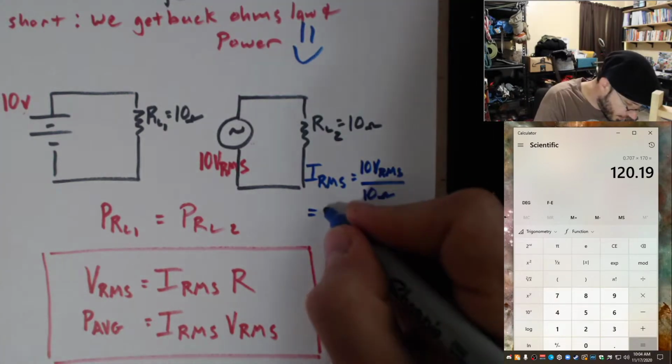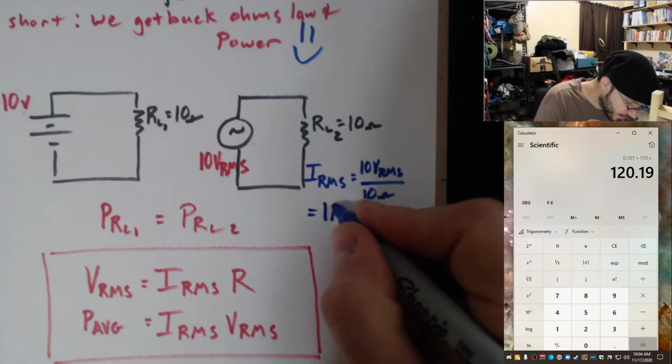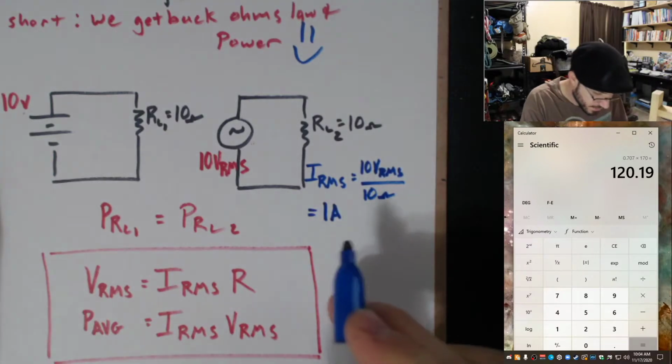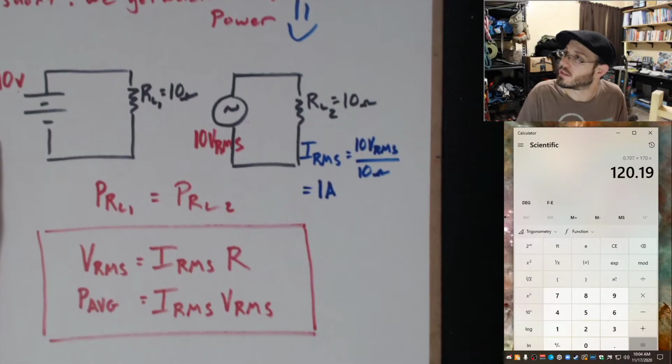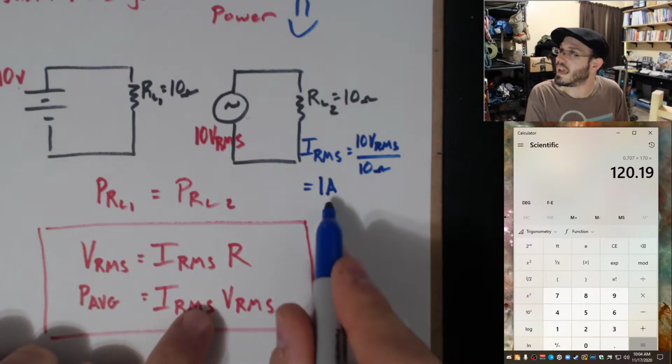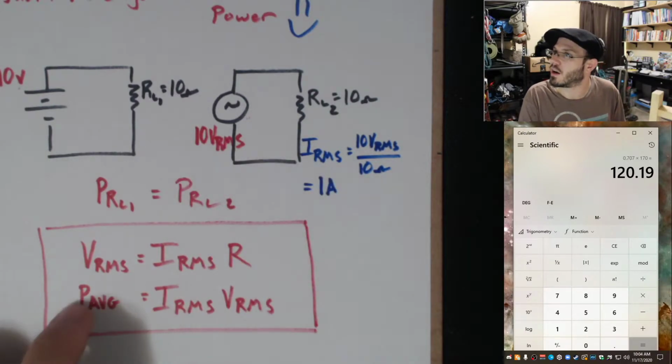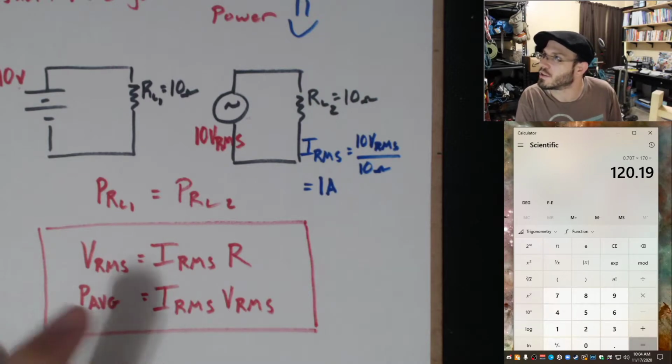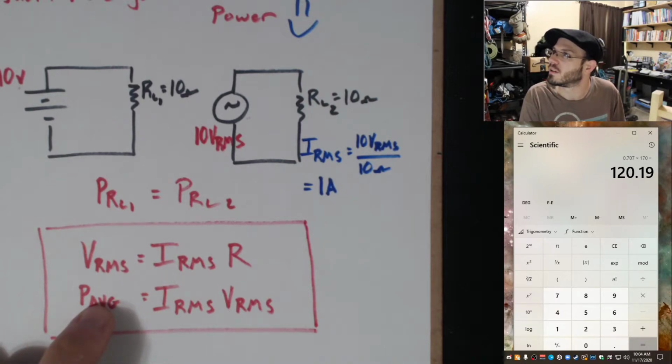This means we have 1 amp of RMS. And now you can take that times 10 volts RMS, and your average power is going to be equal to 10 watts.